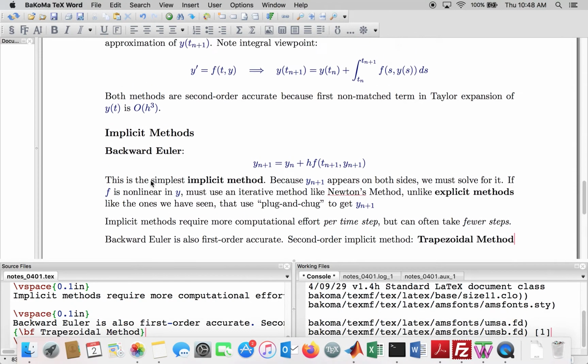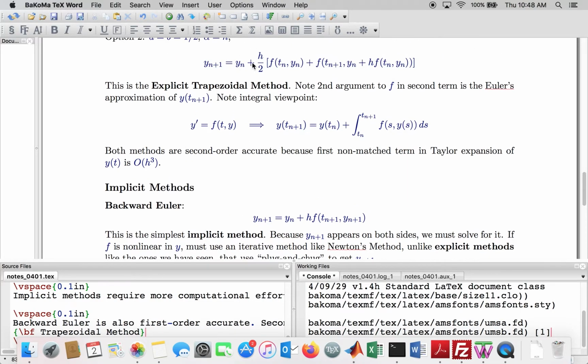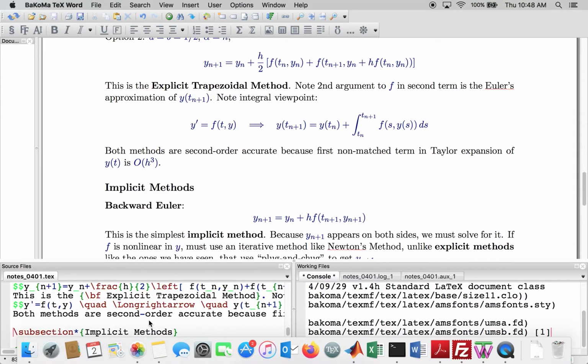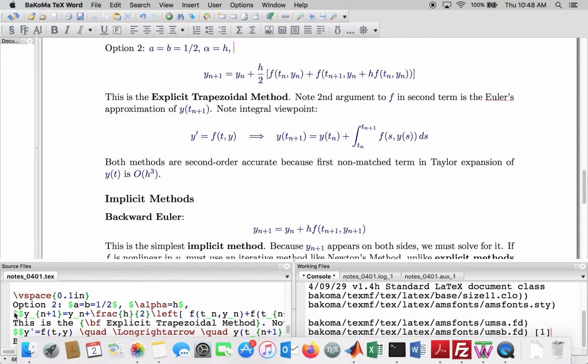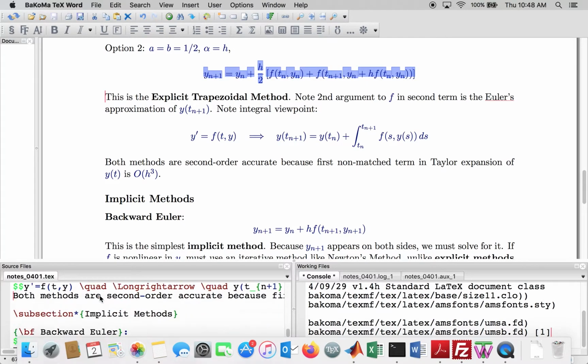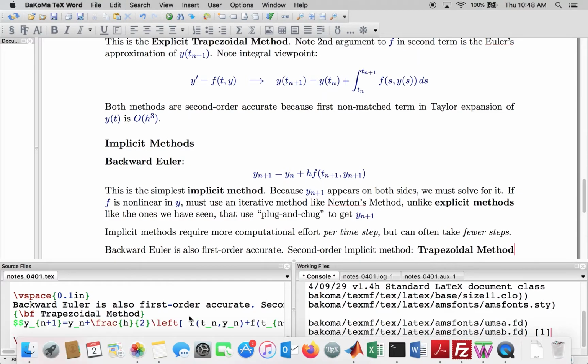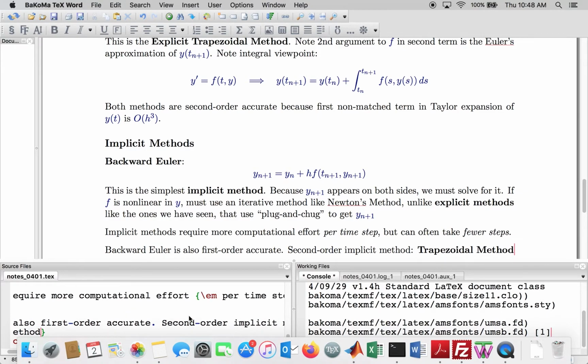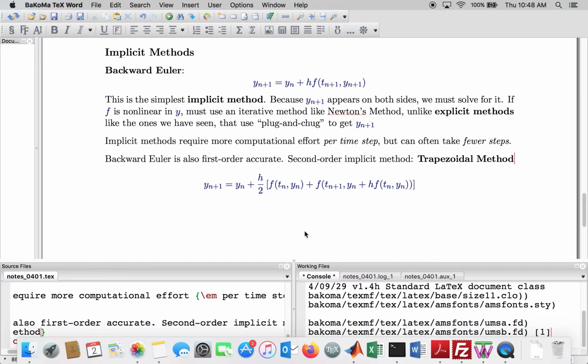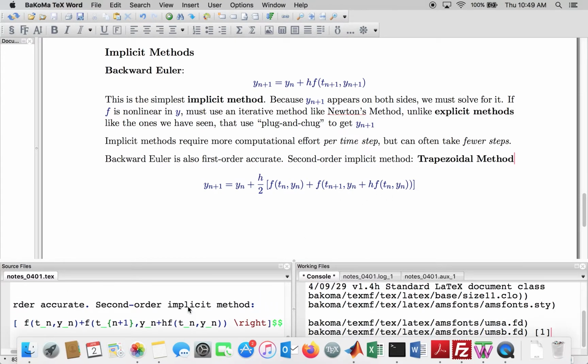Not to be confused with the explicit trapezoidal method, the implicit trapezoidal method is very similar to this. In fact, I'm going to go ahead and make a copy and then just change it, because the descriptions are almost the same. The only difference is instead of approximating yn plus 1 using Euler's method, we just fill in yn plus 1.